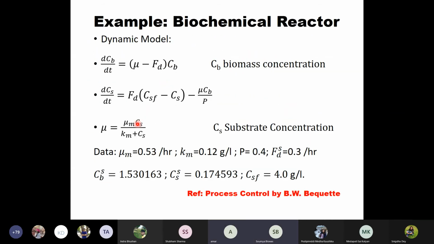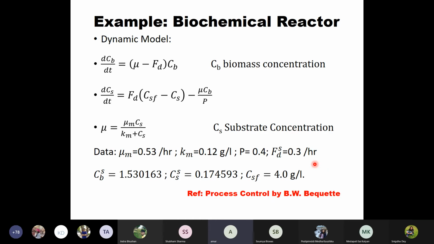Okay. So let me go to the example. We'll take a biochemical reactor example where the dynamic model is given here. You can get this from the reference Process Control by Wayne Bequette. Here you have a biomass concentration Cb and substrate concentration Cs. I have the dynamic equations, I am not illustrating on this, and some numerical values are given over here.